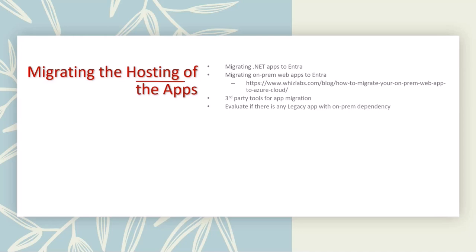Because in the on-premise world, the apps were all hosted in the application servers which were present in your on-premise infrastructure. Since we are getting rid of the on-premise infrastructure, we need to think about how we can migrate those applications to Azure also. Is this compulsory?